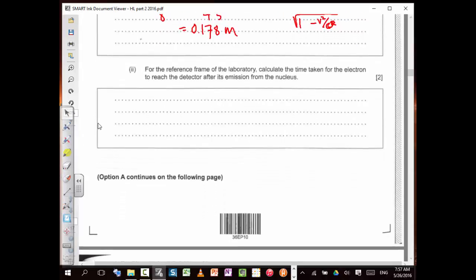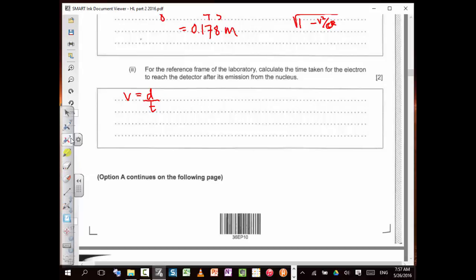For the reference frame of the laboratory, calculate the time taken for the electron to reach the detector after its emission from the nucleus. Well, we use the equation v equals d over t. For the laboratory reference frame, d is 0.8, and t is what we're actually trying to work out. Let's rearrange this first.